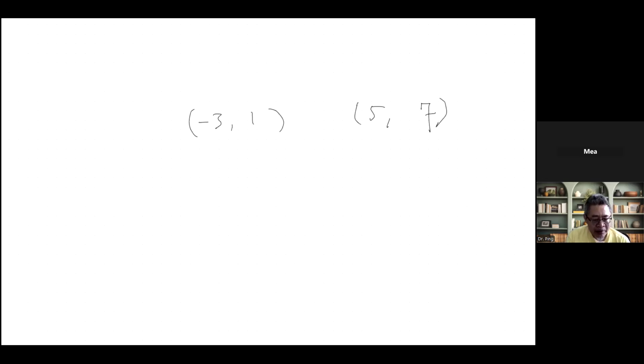Okay. Yep. So that's 7 minus 1 over 5 minus -3. Good job. And 6 over 8, which is 3 over 4. Now you just need to write out the equation.